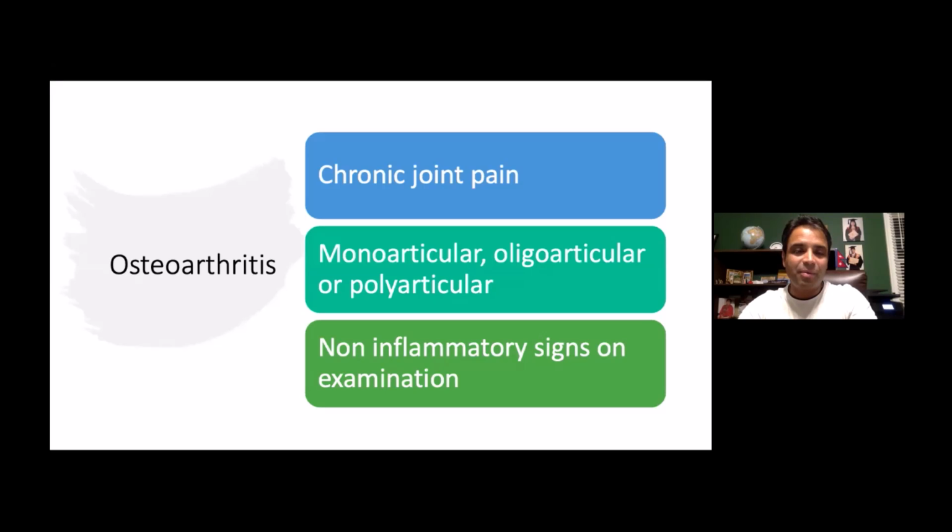There is a form of arthritis called erosive osteoarthritis, which typically causes polyarticular arthritis involving the hand joints. When you examine, you typically find the non-inflammatory signs that we discussed earlier: bony swelling, not a lot of warmth, and very minimal effusion. Those are the typical signs of non-inflammatory arthritis.